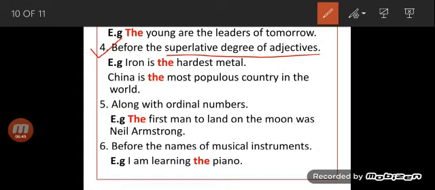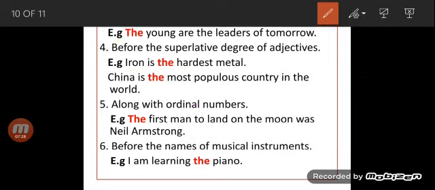So before the superlative degree of adjectives we use article the. For example, iron is the hardest metal. Hardest is the superlative degree of hard. China is the most populous country. The most is used in superlative degree, so before most we use article the. China is the most populous country in the world.